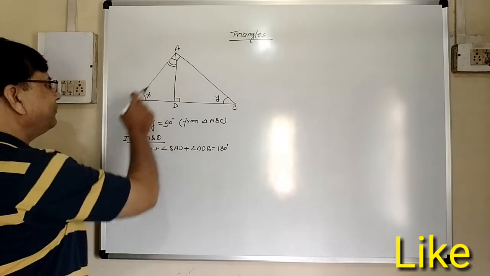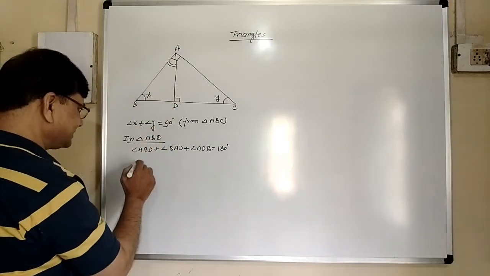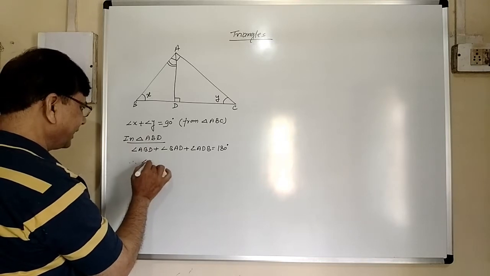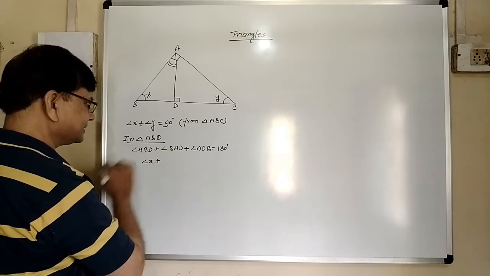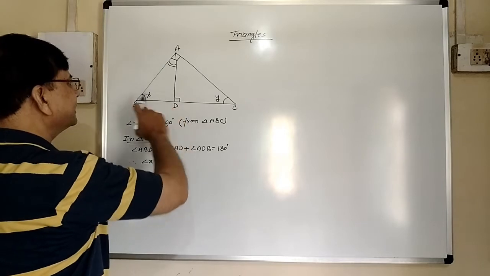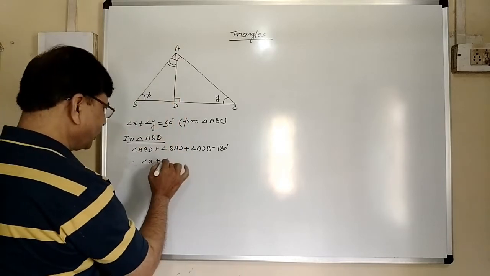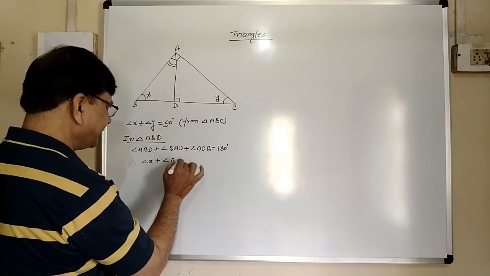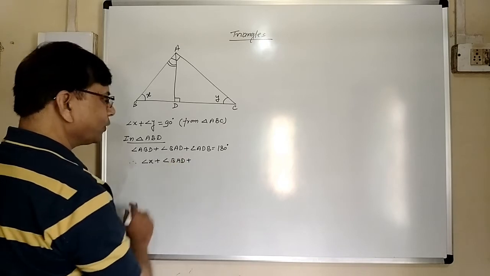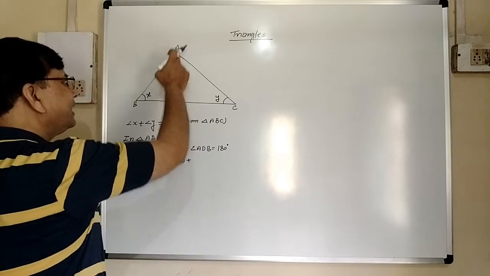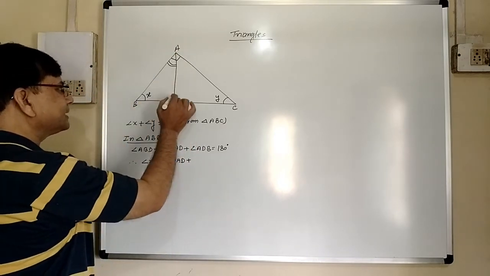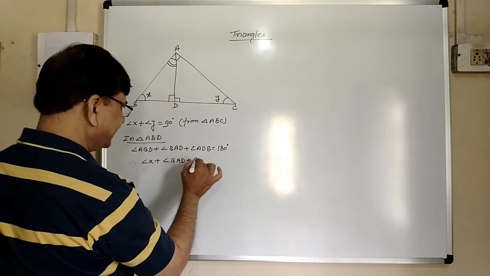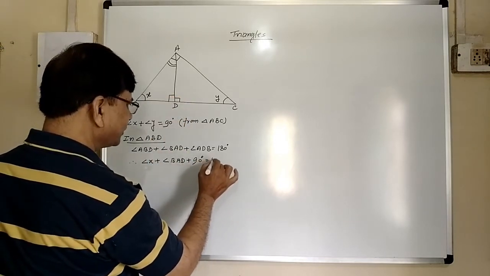So angle ABD is X, therefore X plus angle BAD, which is not known, plus angle ADB, which is 90 degree, is equal to 180 degree.